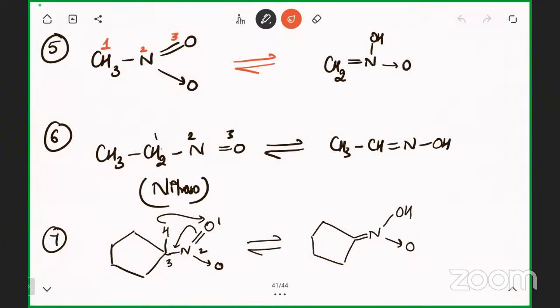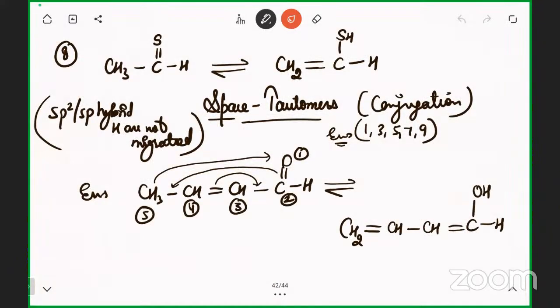Then we have done the keto-enol tautomerism examples. Then we have discussed the base tautomers, in which we don't know from where we have to take the hydrogen, from where the proton gets transferred. This is totally based upon the conjugation. We'll take the alternate positions 1, 3, 5, 7, 9, and so on, just because the conjugation occurs on the odd positions. And second thing, you will not take hydrogen from the sp2 or sp hybridized carbon.